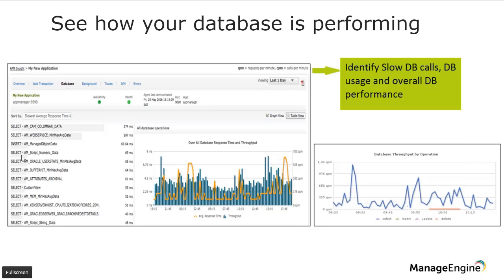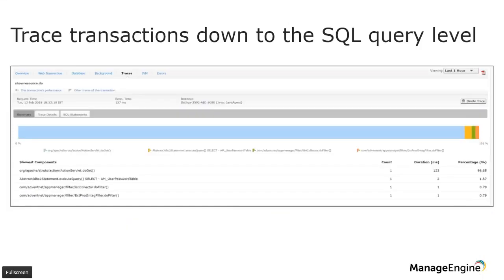So visualizing these as well as drilling down through the SQL query level should help us identify where the problem is, what the problem is, and to find a possible quick fix to that problem.